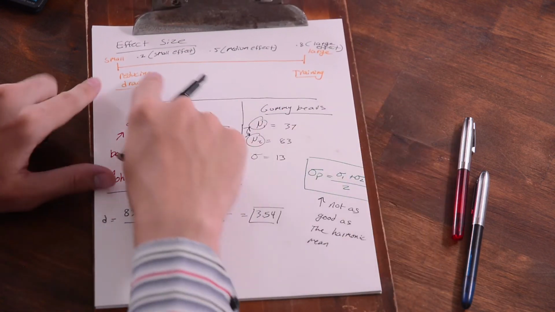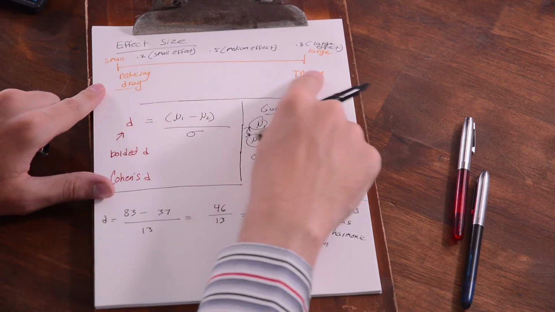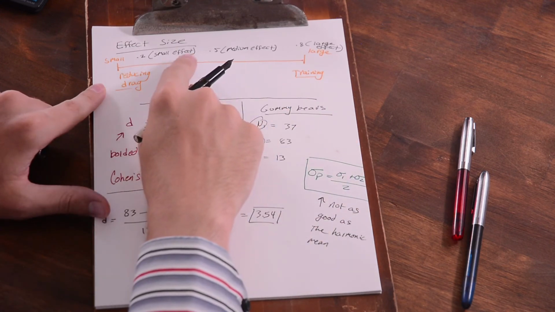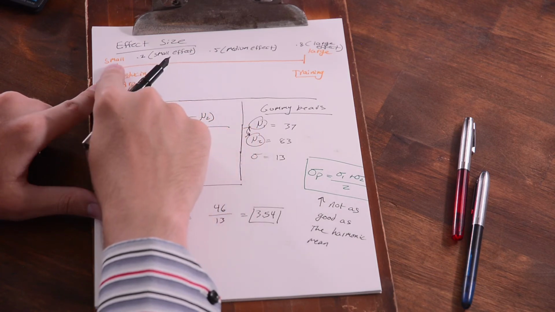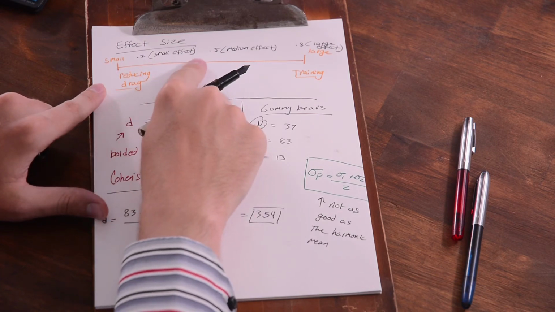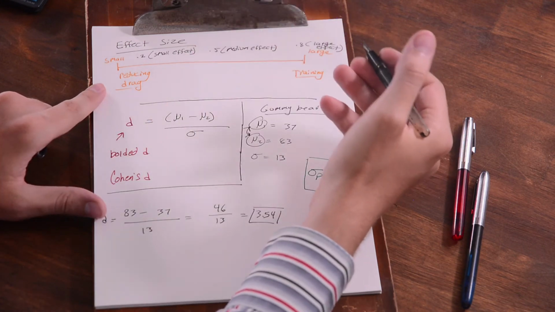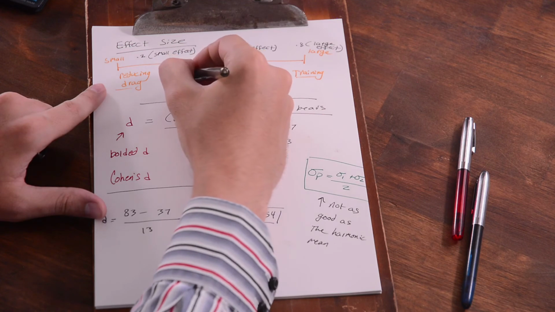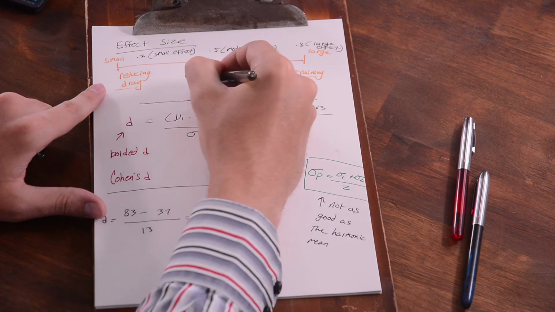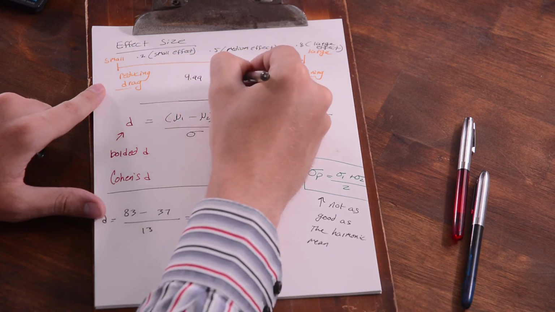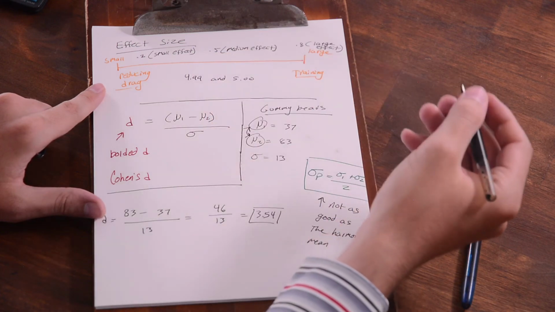Now, as we go back up here, there are some gray areas in saying, well, it's a small effect size below 0.2 and up to 0.499. As we've discussed before, there's not all that much of a difference between 4.99 and 5.00. It's just a distinction we have.